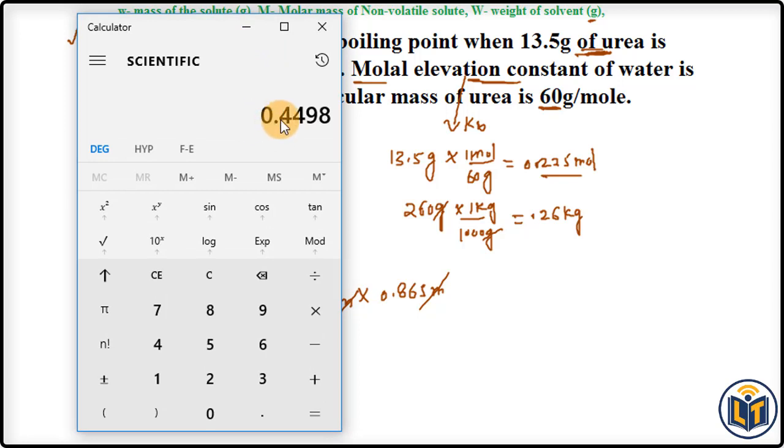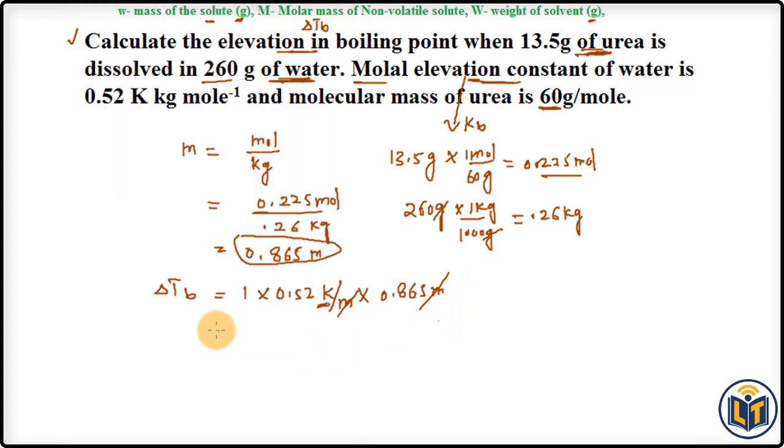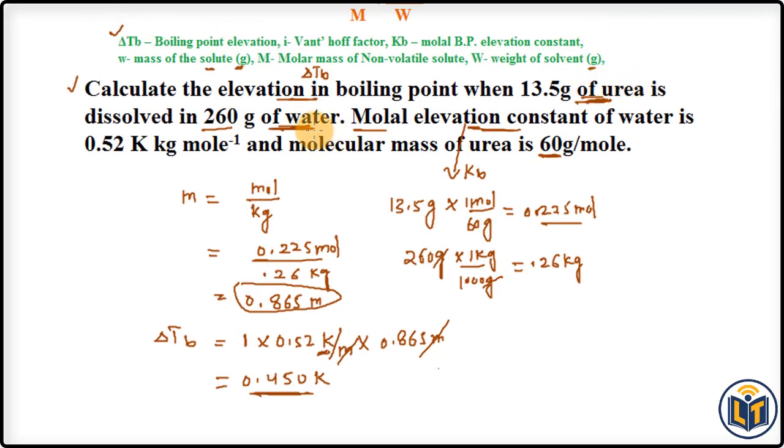Here we can write 0.450, and it is in Kelvin. So this is the boiling point elevation. It means that the boiling point of the solvent increases by 0.450 Kelvin when urea is added to water. When a non-volatile solute is added to a solvent, this is the increase in the boiling point of the solvent.